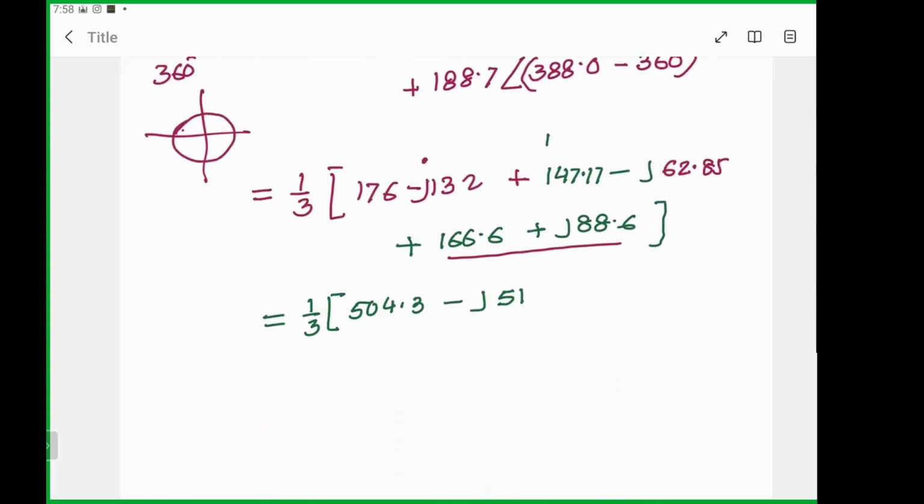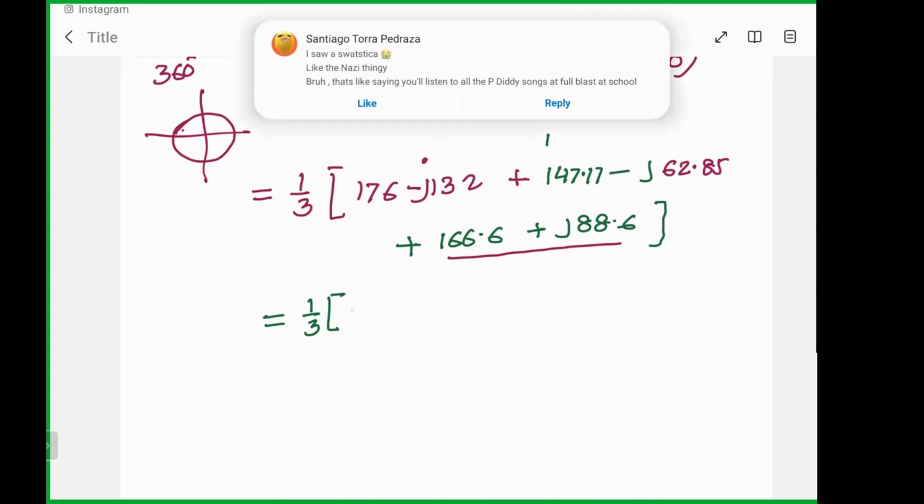So if you do this calculation, what is the change? I need to check all the calculation again. So what is the correct value? Can you add this?